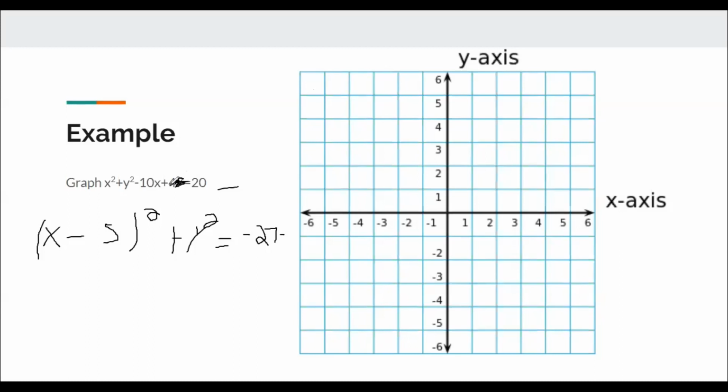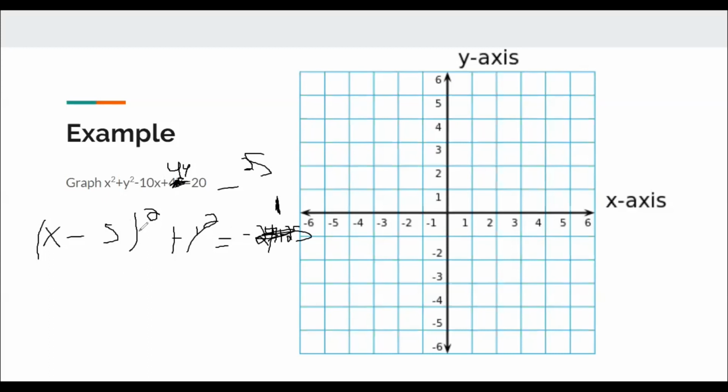Let me change this. All right. If that's 44, then this is negative 24 plus 25. So it's going to be 1. So that's our equation.